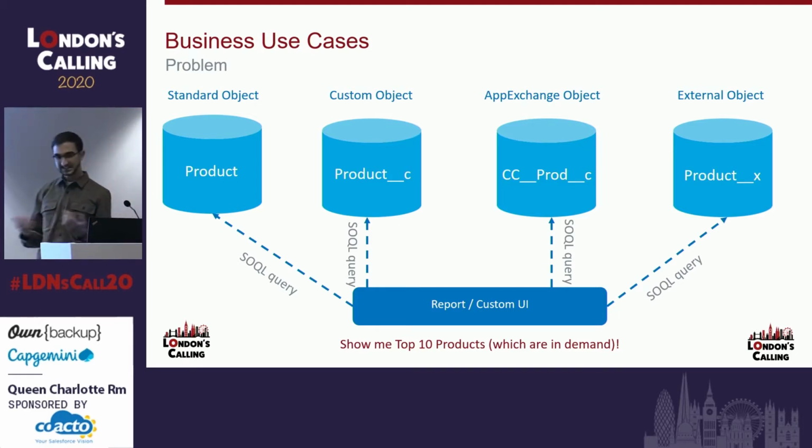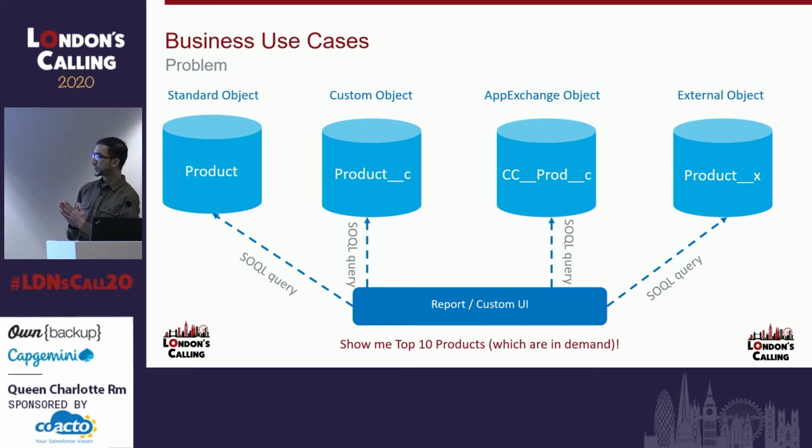Then we have a custom object, created for tracking products from a KPI perspective, bringing data from SAP. Then we have AppExchange objects. Think about CPQ, which has its own custom object called product. And then we bring in an external data source, again product, from SAP, Azure, or any other external system.